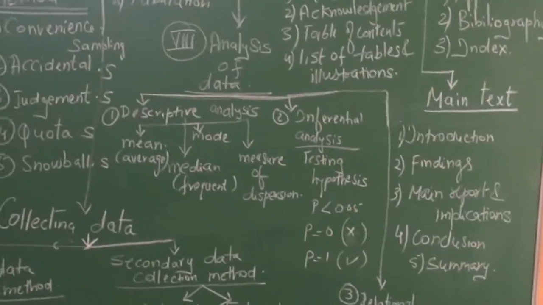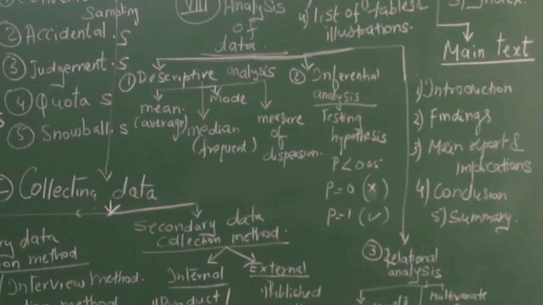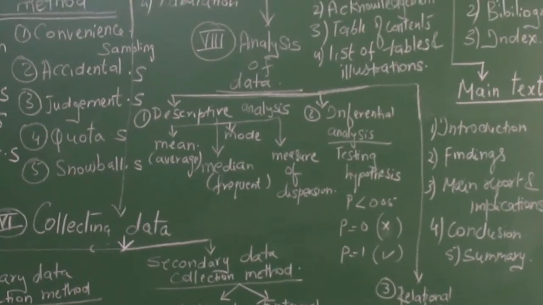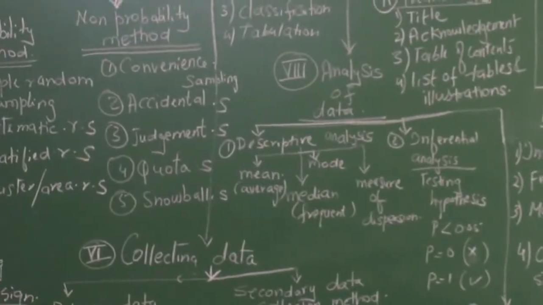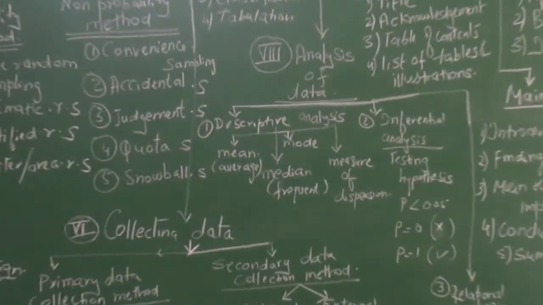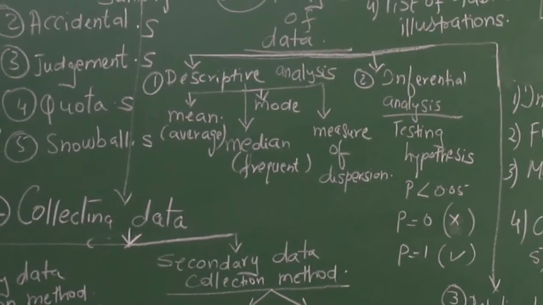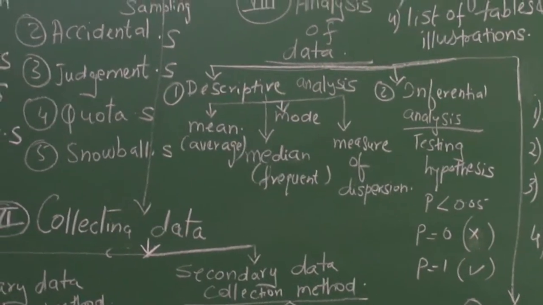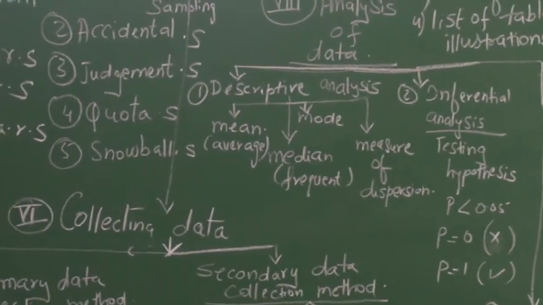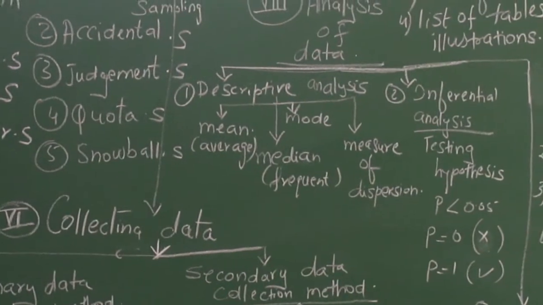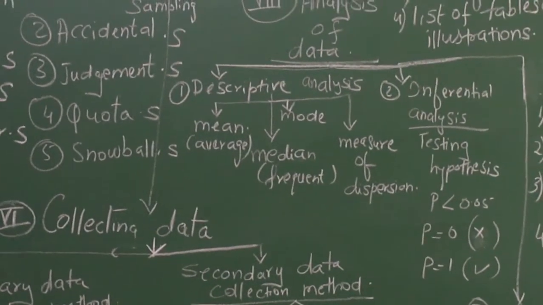In analysis of data, there are various analyses that you can opt for. The first one is the descriptive analysis. In descriptive analysis, after you have done your processing of data, you see the data and then you find the mean, that is the average part of it. Or you go in for the median.